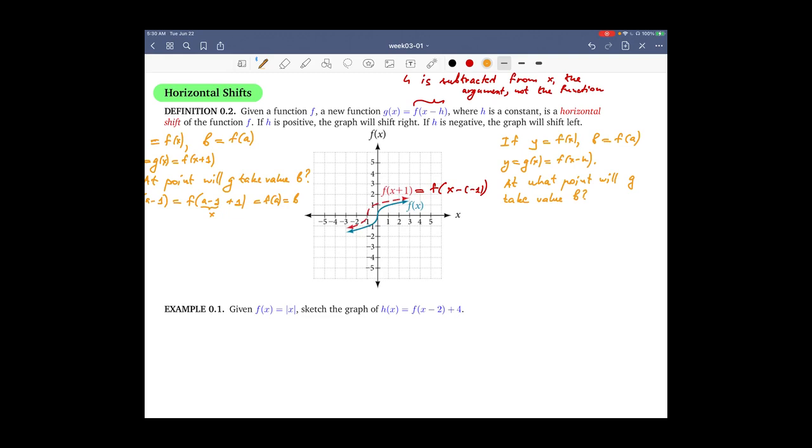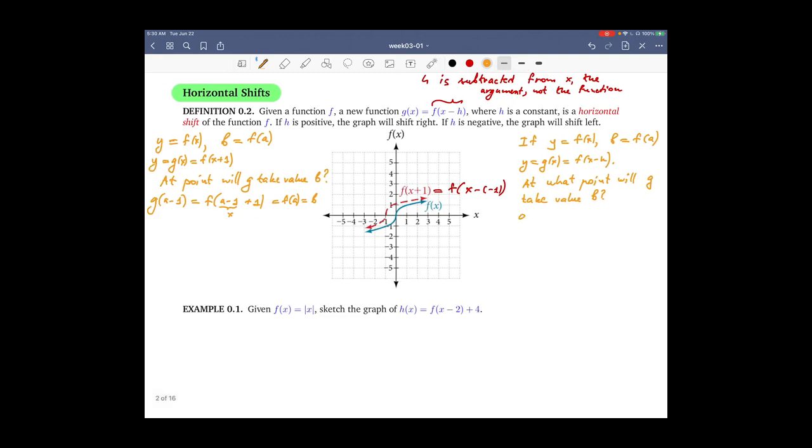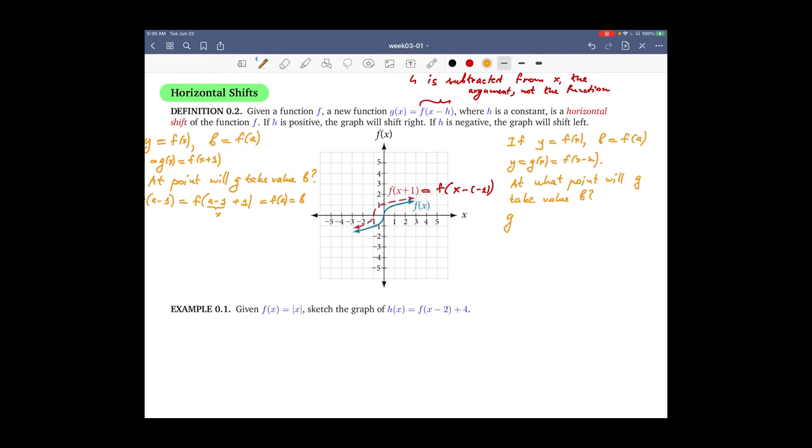Let us try g of a plus h, perhaps. Because when you compute g of a plus h, you will get f at x, x in this case is a plus h, and then negative h from the definition of g. And that is, of course, f at a, and that is b.